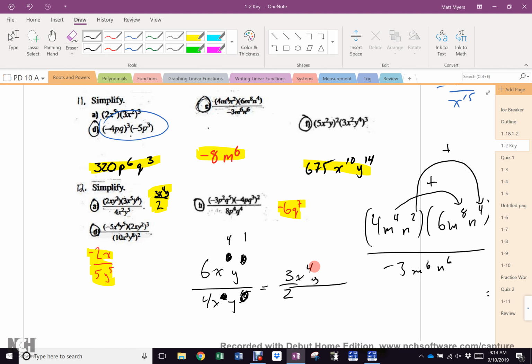Everybody cool? Are we okay with B and D, or do we want to see them? If I were in your shoes, I would be a little bit worried about D because I see that negative base. A lot of you are having problems with negative bases because you're not quite 100% invested.